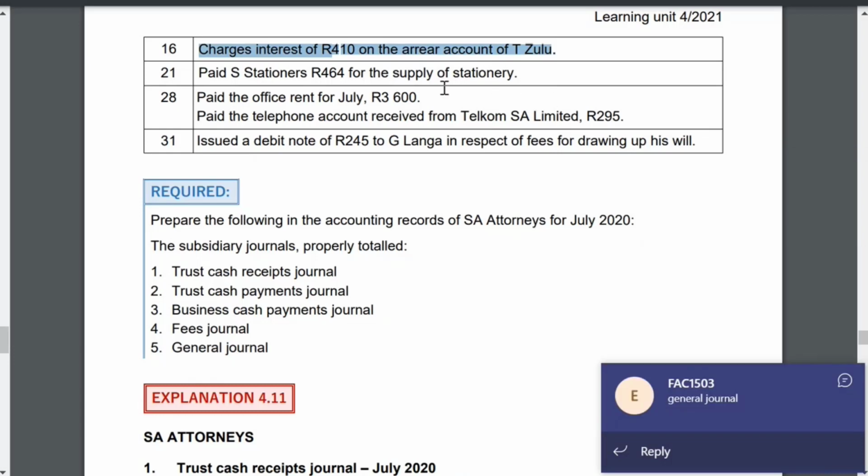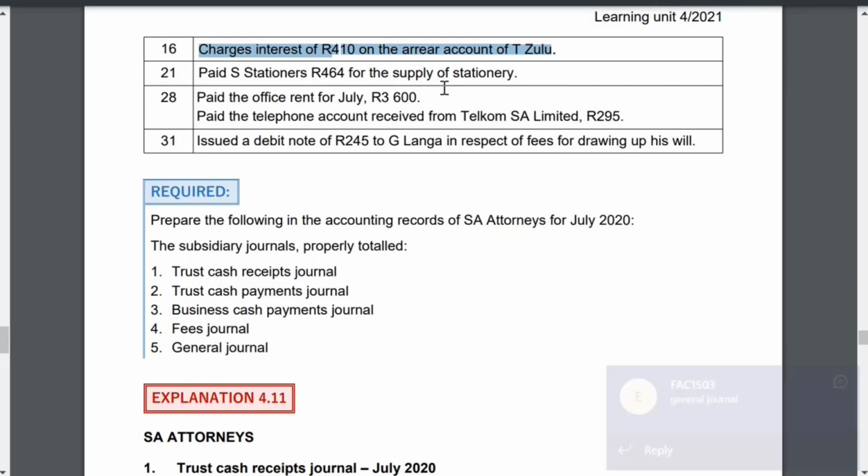Charges interest of 410 on the arrear account of T Zulu. So the answers are Faith is saying General Journal, Bali General Journal, and Elisha General Journal.